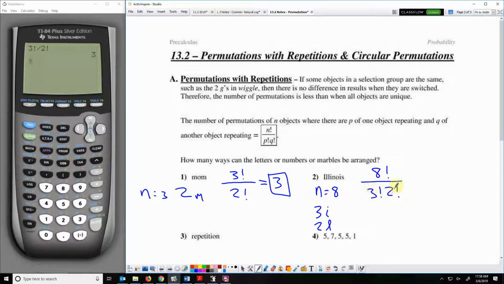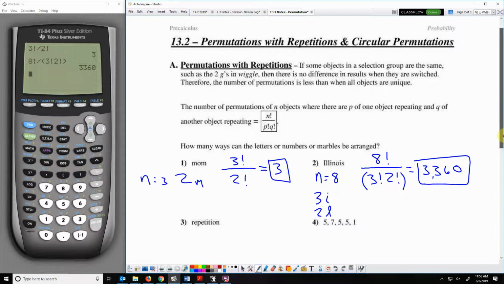Now, if we're going to put this in the calculator, we're going to need to put that denominator in parentheses so it does that multiplication before dividing. So 8 factorial divided by, parentheses, 3 factorial times 2 factorial, close parentheses. There are 3,360 ways to arrange the letters in the word Illinois.